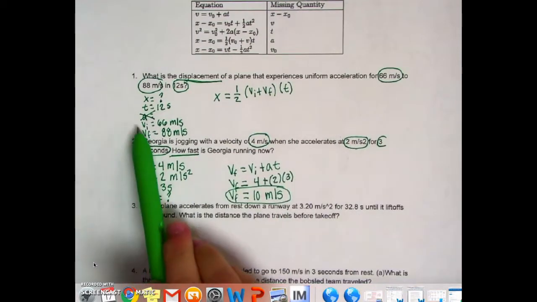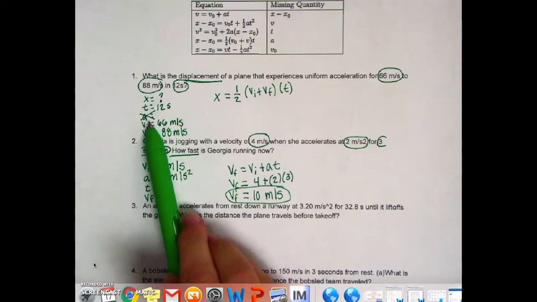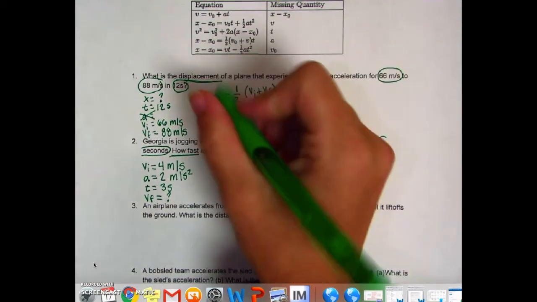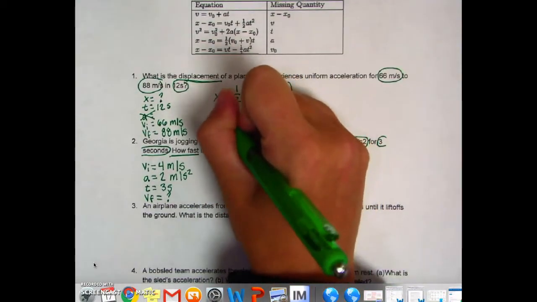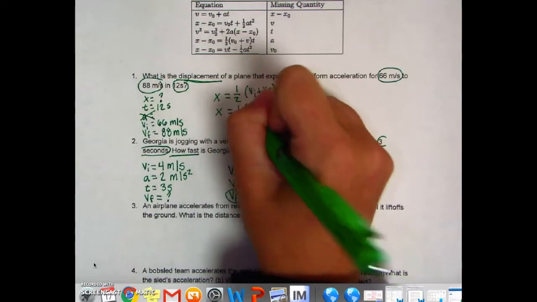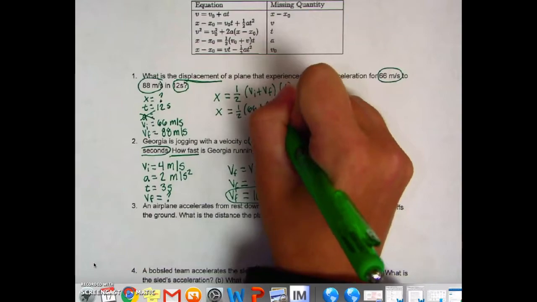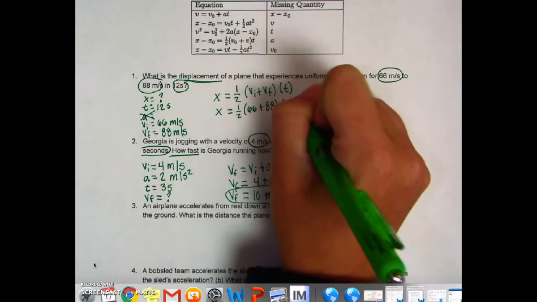Remember, whatever we don't have and we're not looking for is irrelevant, so we have to pick the equation that doesn't involve it. Now in our calculator, we're going to plug in our values. X equals 1/2 times 66 plus 88 times 12.